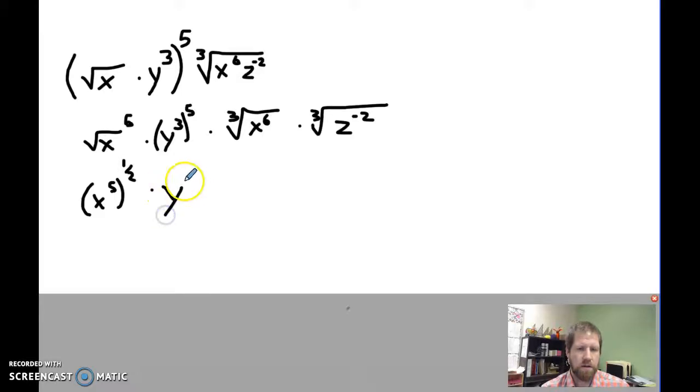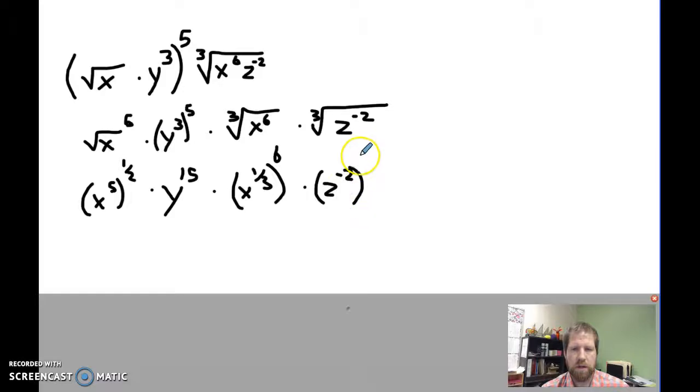Times y to the 3 times 5, or 15, times the cube root, I'm going to rewrite that, times x to the 1/3, because it's a cube root, to the 6th power, times z to the negative 2 to the 3rd power. And you can see I can do it whichever way I want.